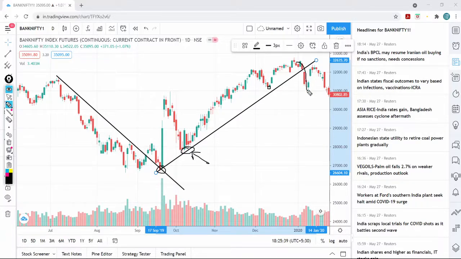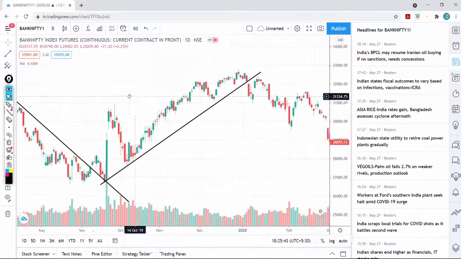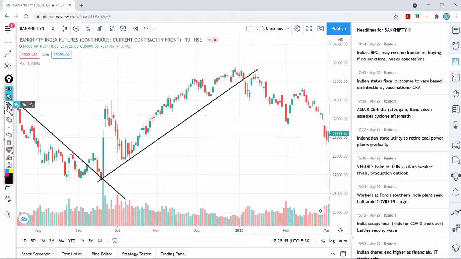What happened? The trend line is breaking here. What is important is that just because the trend line is breaking, it doesn't mean the trend reversed. A small up move came again, and here this same trend line is now acting as resistance. In the support and resistance section, I have already told you what support and resistance are.